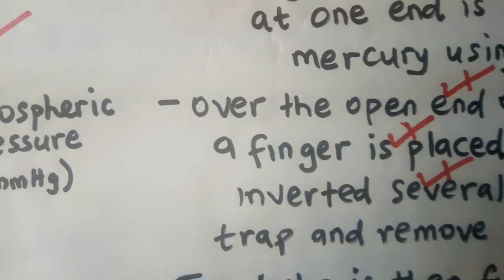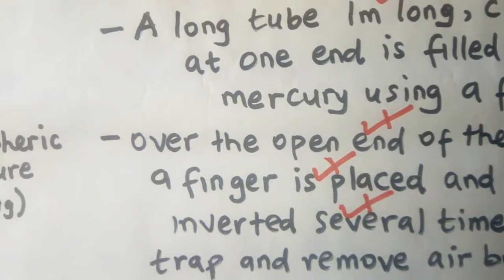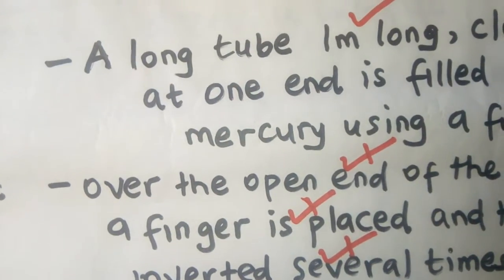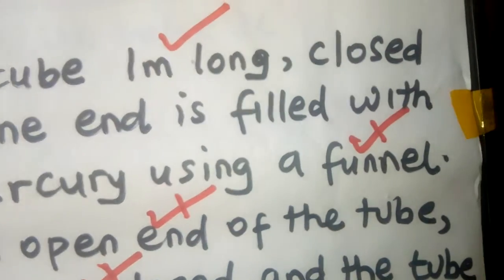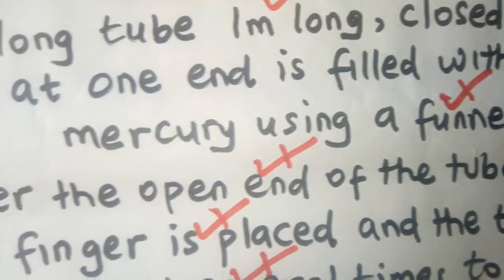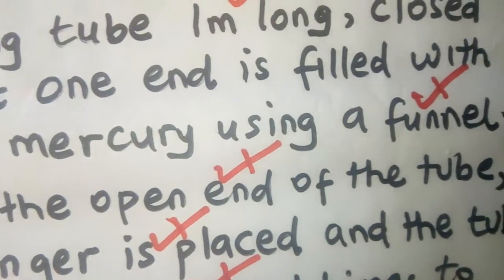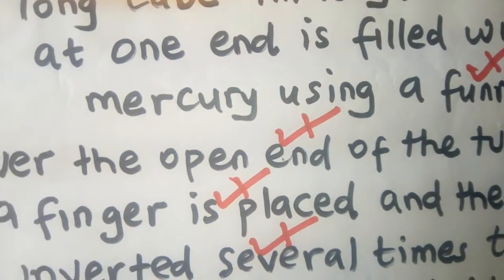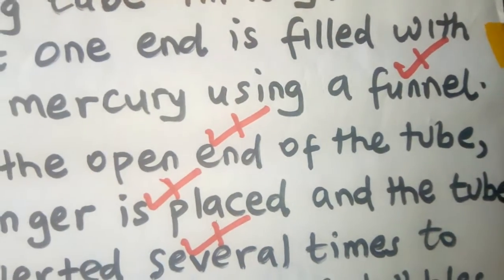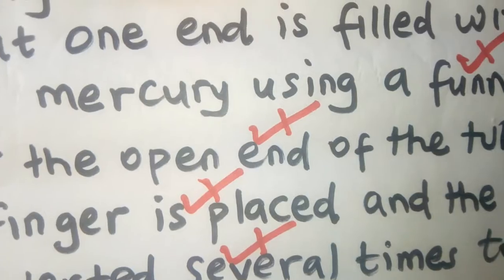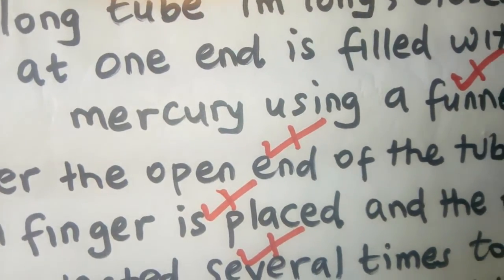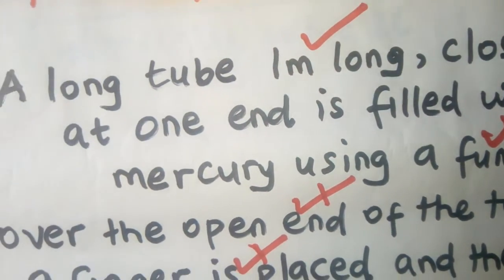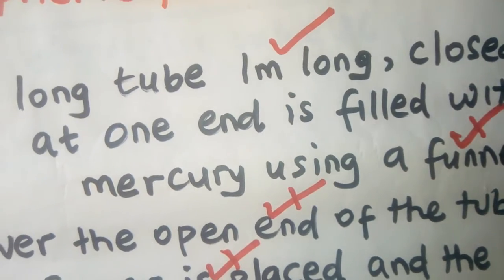So as part of the description, you say a long tube 1 meter long, closed at one end, is filled with mercury using a funnel. So you get a long tube which is closed at one end. It must be 1 meter long.